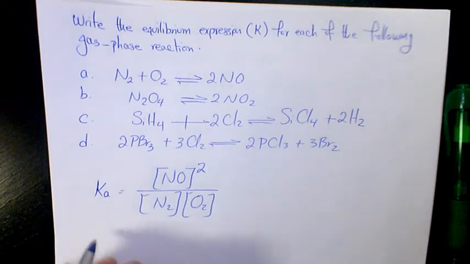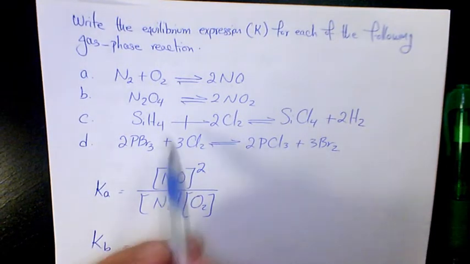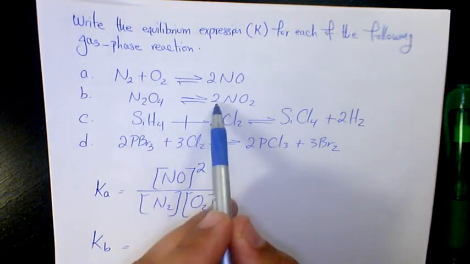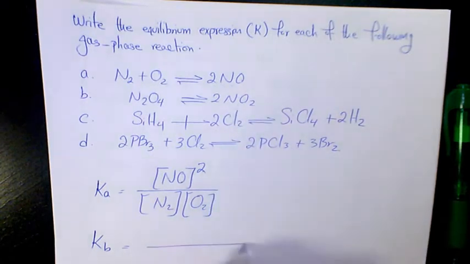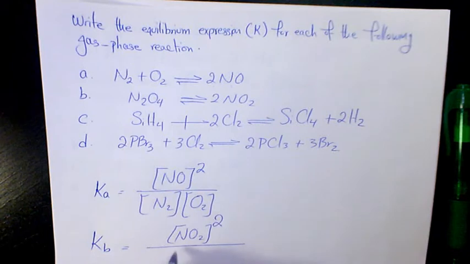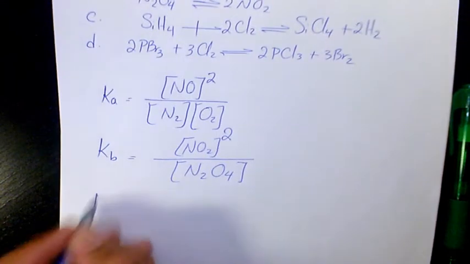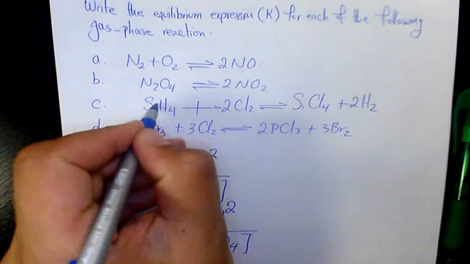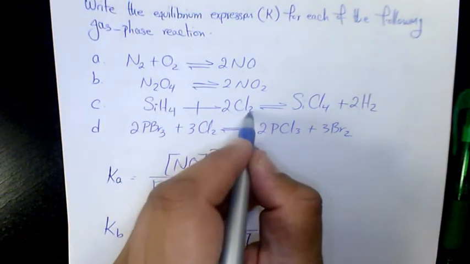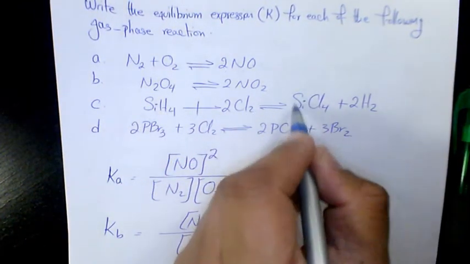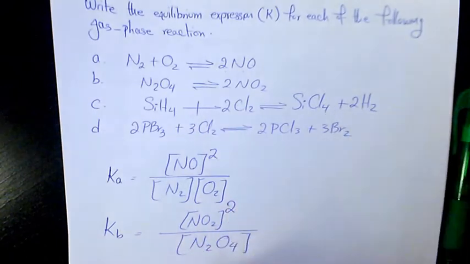Next one, part B, Kb is going to be N2O4 gives us 2NO2. So it's going to be the concentration of NO2 to the power of 2, divided by the concentration of N2O4. Next one, Kc. We have SiH4 plus 2Cl2 gives SiCl4 plus 2H2.